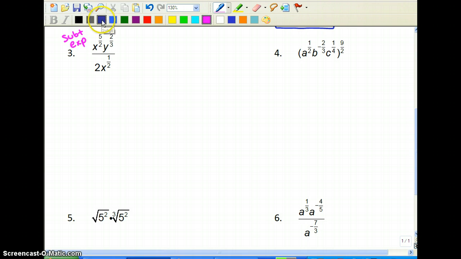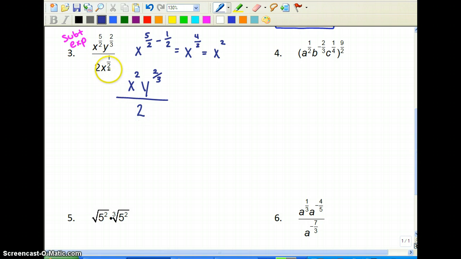So in this problem, one way to do it is to say that we have x to the 5/2 minus 1/2, which is x to the 4/2, which is x squared. So since it's a positive, it belongs on the top. So we have x squared on the top, we have y to the 2/3 on the top, and we have 2 on the bottom. Now remember, we took care of this x to the 1/2 when we did the subtraction.